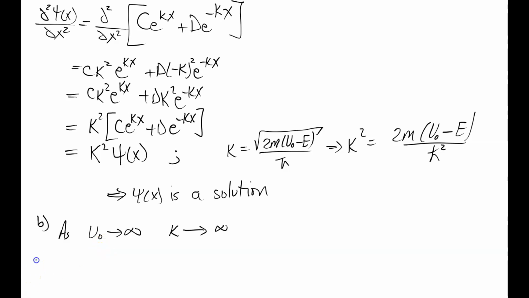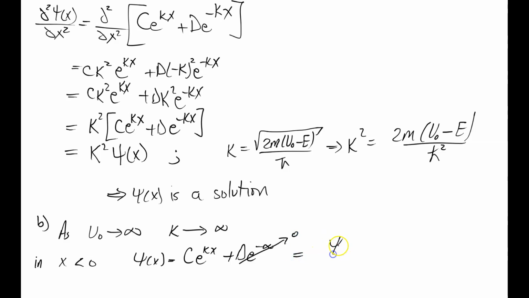So in the region where x is less than 0, psi of x would equal c e to the kx, and as x goes to minus infinity with k going to infinity, plus d e to the minus kx, which will go to 0.